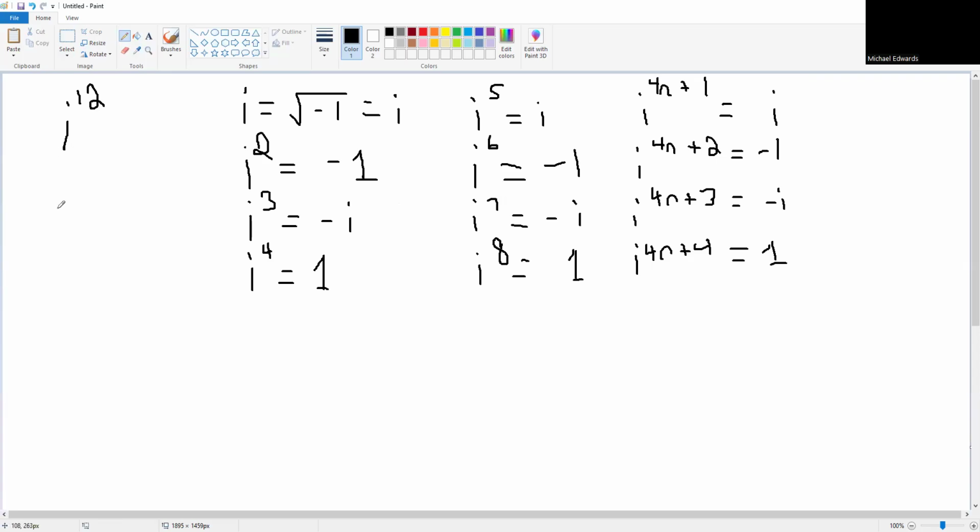So what does this mean for my i to the 12th? Well, to solve this, you take the exponent, which is the 12, you divide it by 4, and you solve that. This is a 3, and there's no remainder. So what you're supposed to do is write this as i to the 0, because there's no remainder, equals just 1.